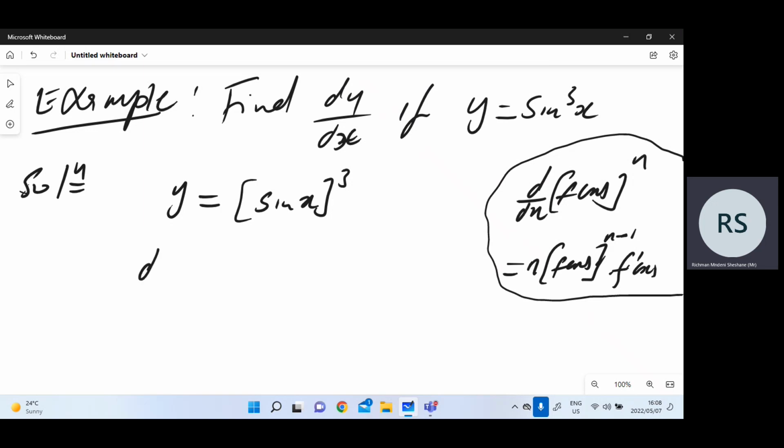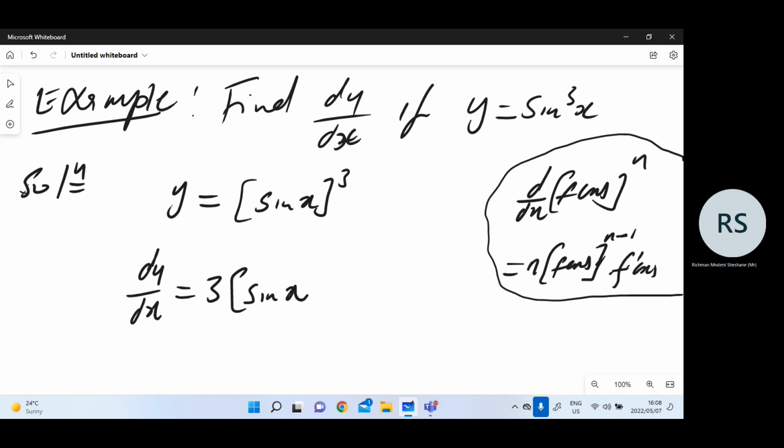So the derivative is n, following this formula, we take n down, and then we return f of x, which is sine x to the power of n minus 1, which is 2, and then times the derivative of the inner function, which is cos x.